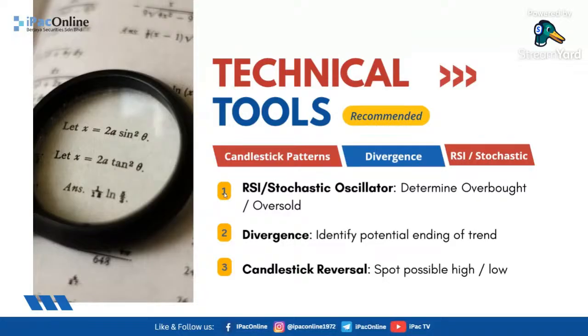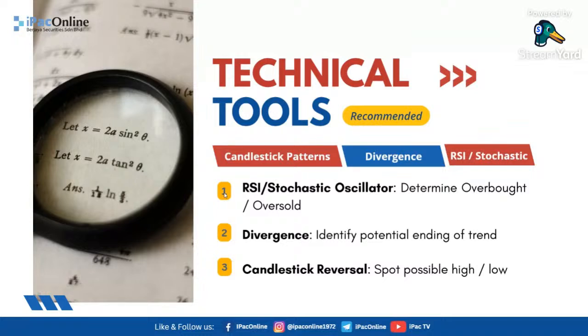From there you can forecast the potential reversal of the trend, and at the end we can confirm it with a candlestick reversal, spotting the potential high or low.